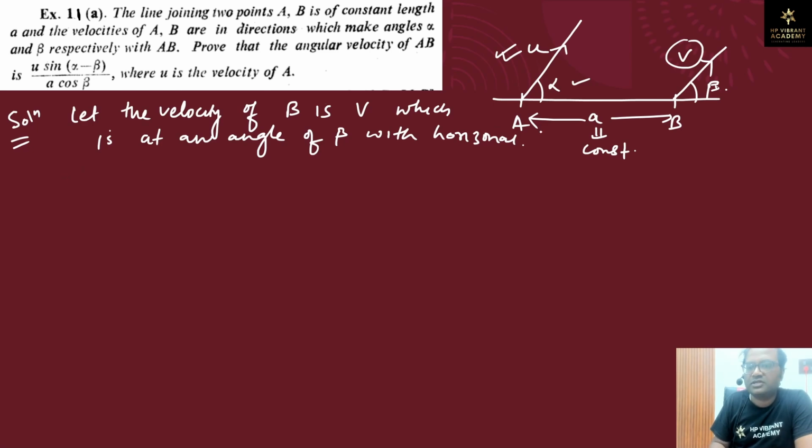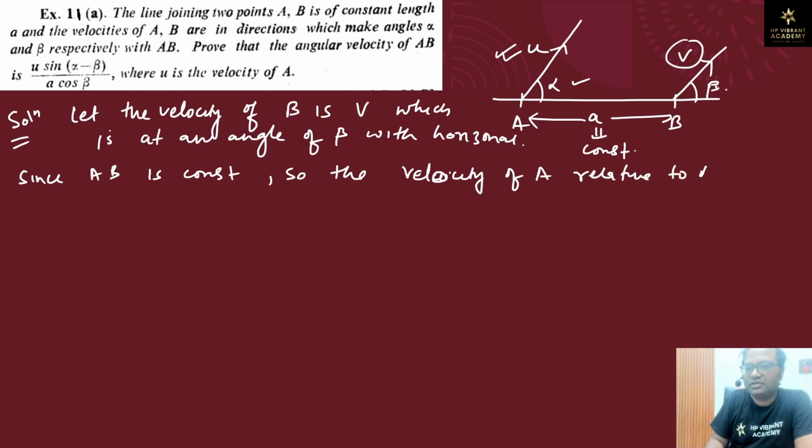What is given in the question? AB is constant. Since AB is constant, the relative velocity of A with respect to B in the direction of AB is 0.